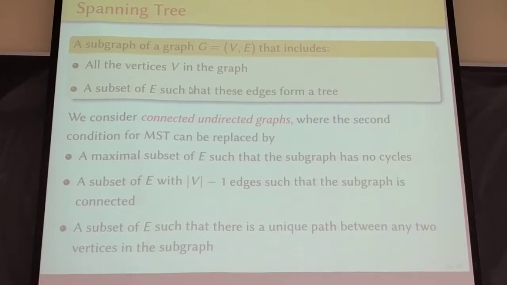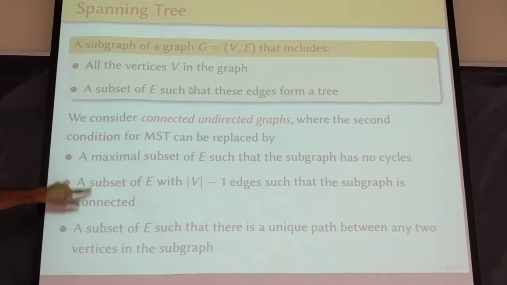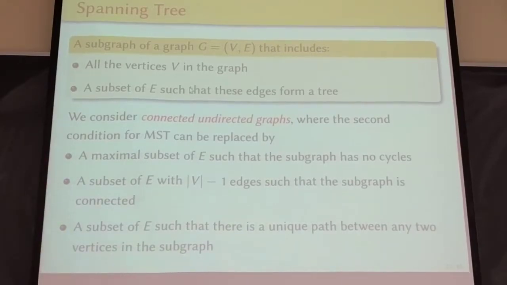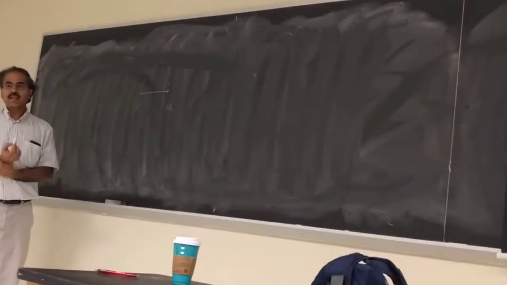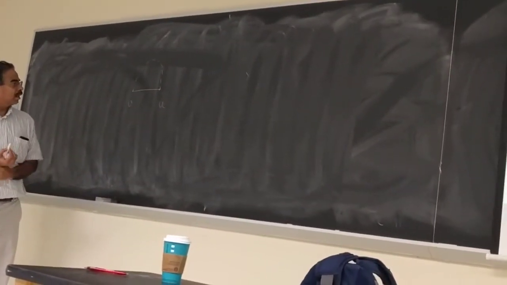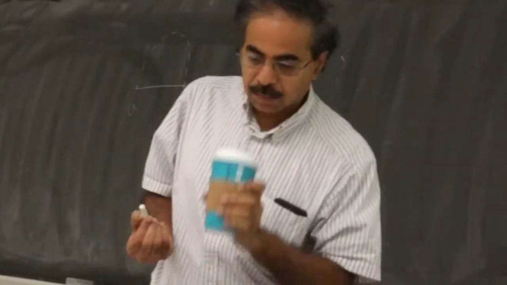Which means that even if you add a single edge, you're going to have a cycle. We showed how from here you could get there, because given this property, addition of even a single edge will cause a cycle to be formed, and therefore it's no longer a tree. That is another way of saying that the graph is maximal, so you cannot add any more edges.